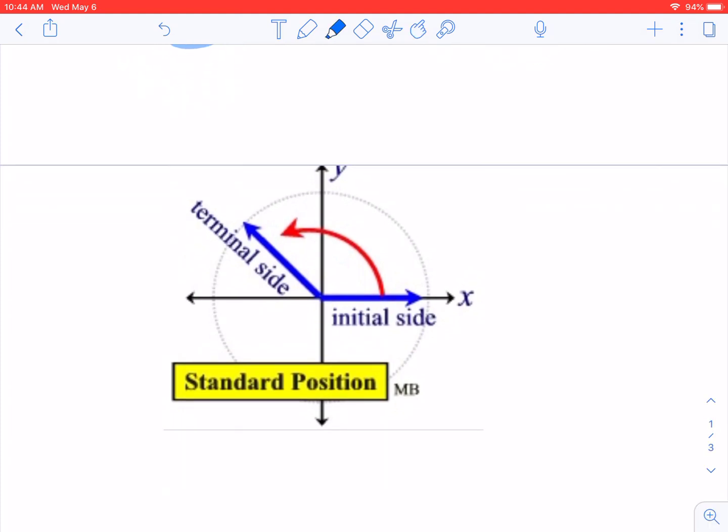So angles in standard position start on the positive x-axis. That's first and foremost, that's going to be the key. We always start on the positive x-axis. And then from there, we may be opening up in the counterclockwise direction. If we open up, that will be a positive direction.